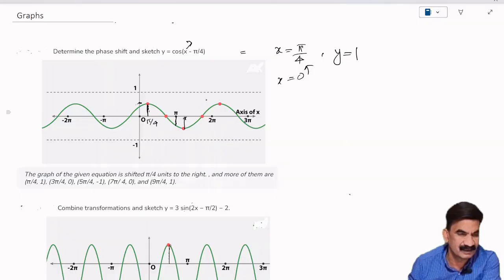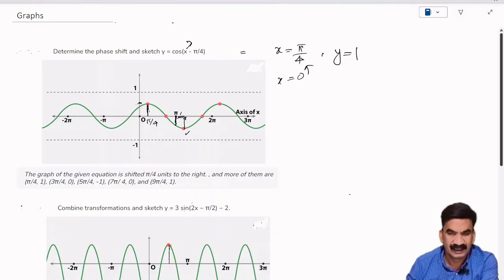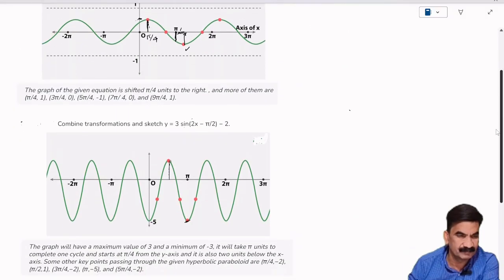So you can very well understand that the graph will be shifted by pi by 4 to the right. Correct? Again, at pi the value had to be minus 1, but with this shift it will be at 5 pi by 4. So this was easy. Let's come to the next question and see.